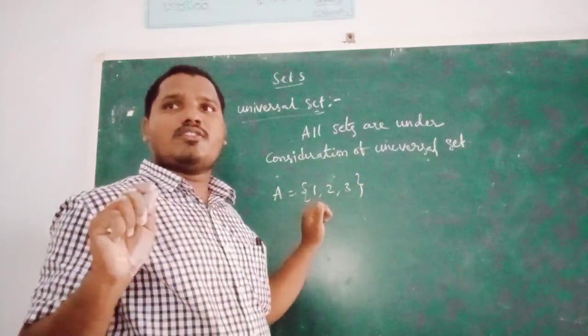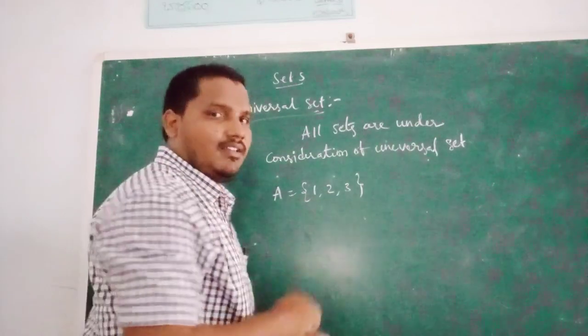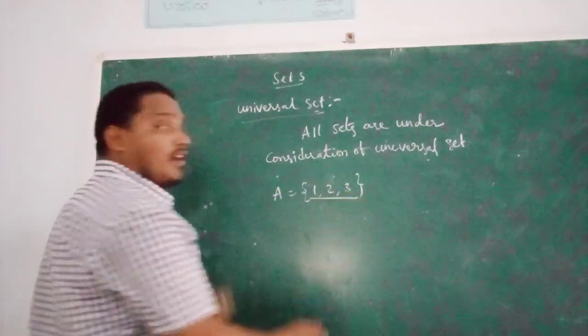Suppose A is equal to the set of 1, 2, 3. Here we are taking 1, 2, 3.